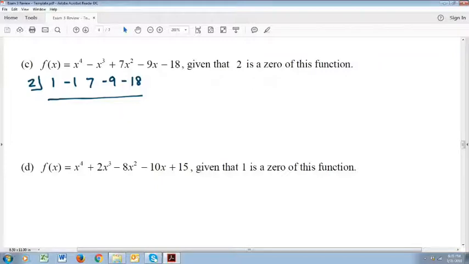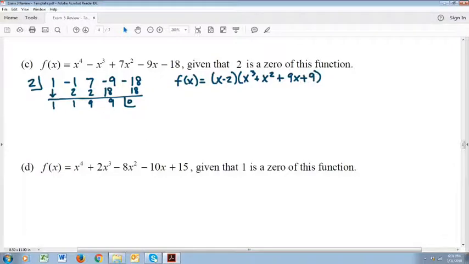So in that case, 2 would go in the box, and there's our coefficients. And let's just go ahead and do the math here. So you'd get f of x equals x minus 2 times x cubed plus x squared plus 9x plus 9.